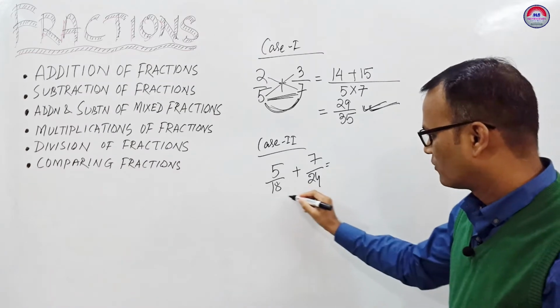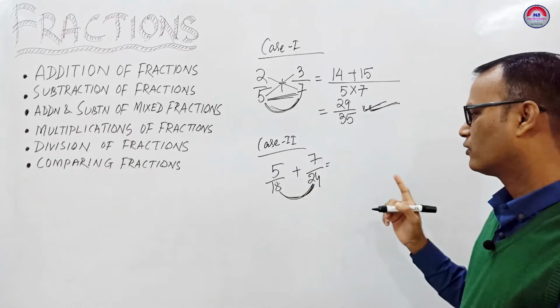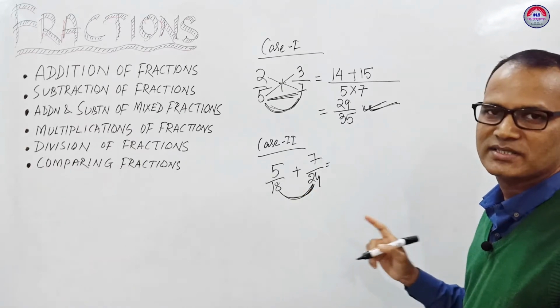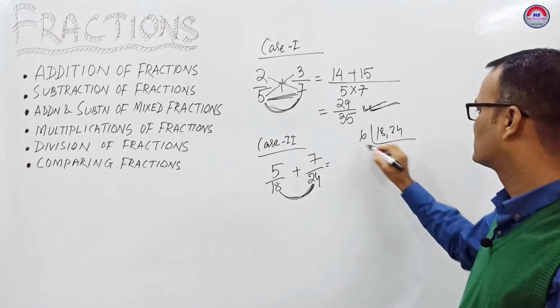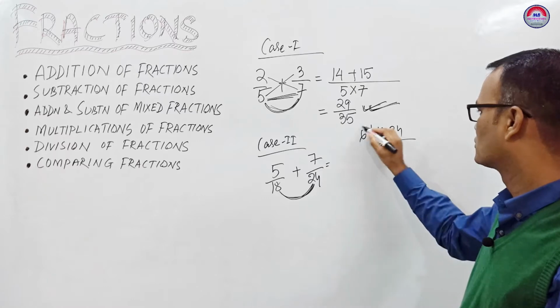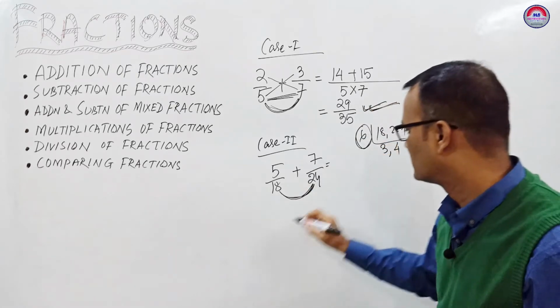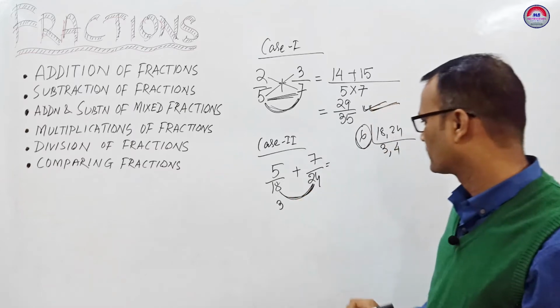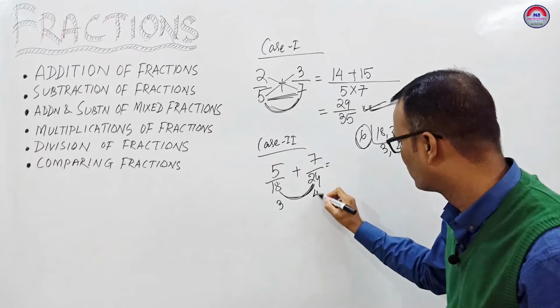First you see what is the HCF of 18 and 24. 18 and 24 HCF is 6, because if we divide both by 6, 6 is the HCF. So first divide this one by HCF 6, you get 3. Divide this one by HCF 6, you get 4.